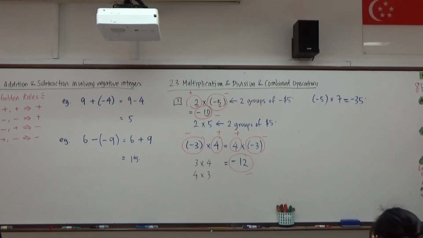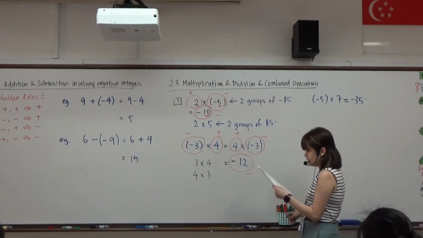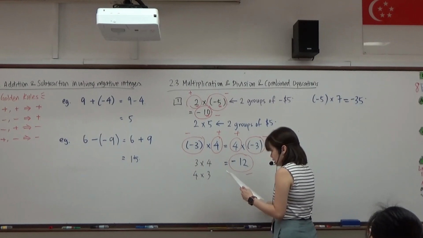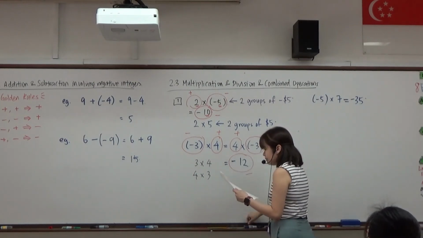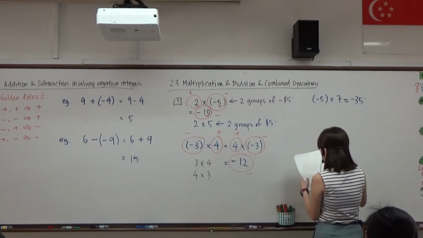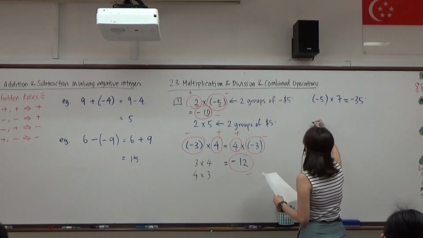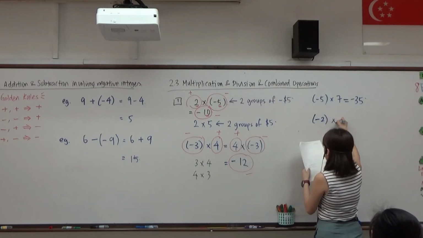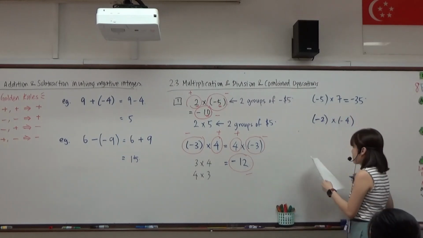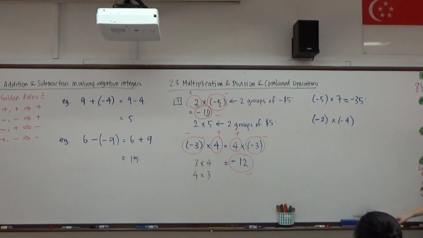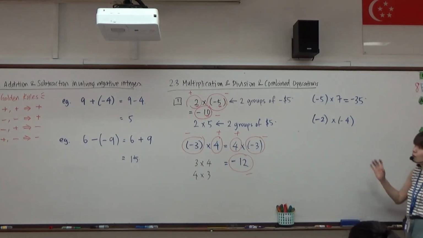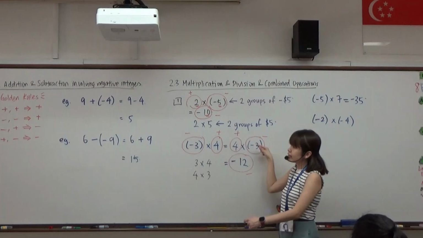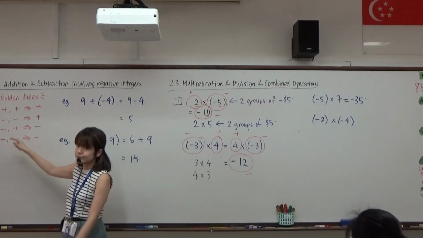Next one. What if now I have negative 2 times negative 4? Based on how we did it just now, we look at the overall number, then we go back to our golden rules.